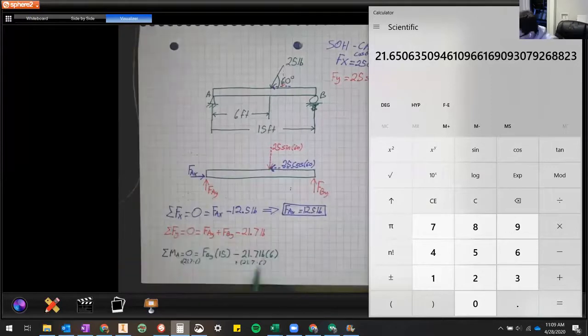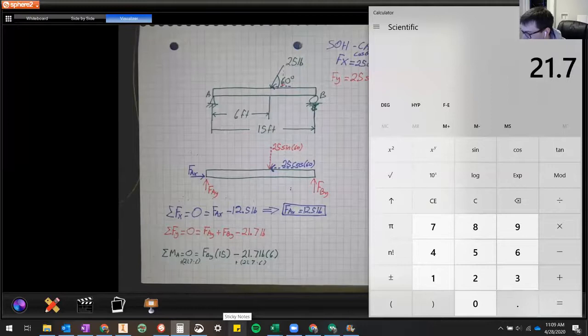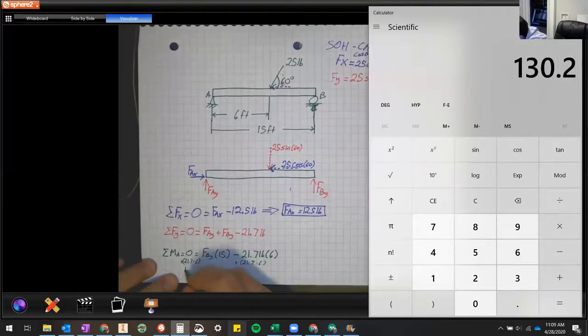Then I end up with, what's 21.7 times 6? Let's type that in. 130.2 is equal to FBY times 15. So now to get that by itself, divide by 15, divide by 15.